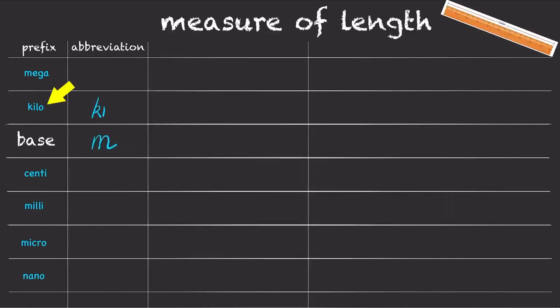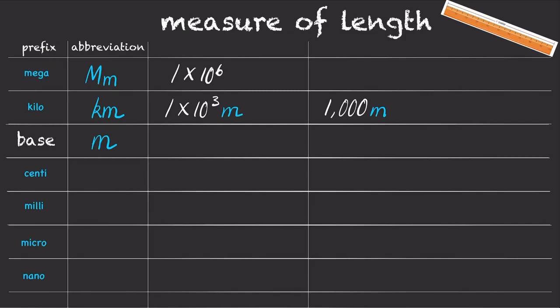The prefix kilo means 10 to the 3 with a positive exponent 3, making the base unit of meter 1,000 times bigger. The prefix mega means 10 to the 6 with a positive exponent 6, making the base unit of meter 1,000,000 times bigger.